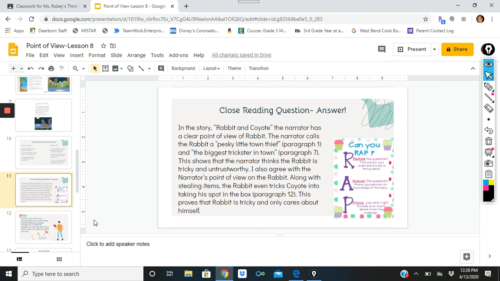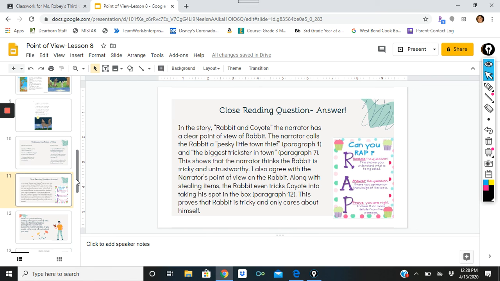about point of view. So remember, our goal today was all about, what is the narrator's point of view and what is my point of view. Now, sometimes they're going to match up. Like in Rabbit and Coyote, I agree that Rabbit is very tricky. But sometimes you may have a different point of view of another thing.